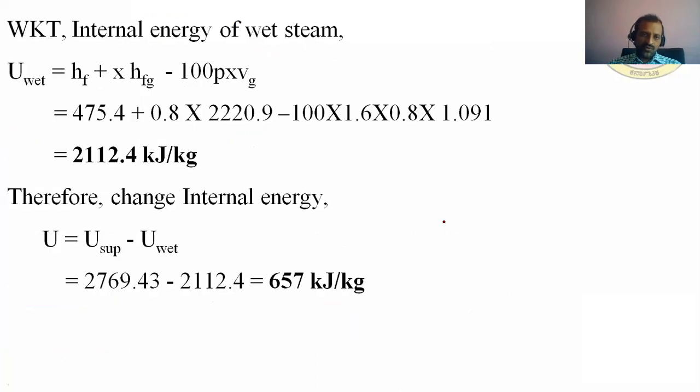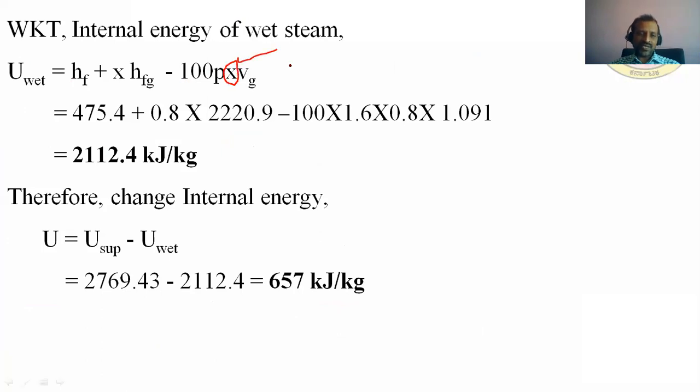Then next you go for internal energy. Calculate the internal energy for the wet steam after expansion. So internal energy for wet steam is HF plus X HFG minus 100 P X VG. Why did X come? This is wet steam. Wet steam means the dryness fraction should come here.